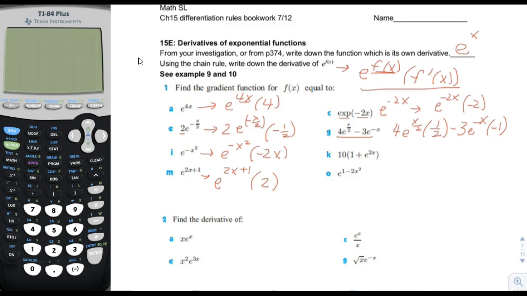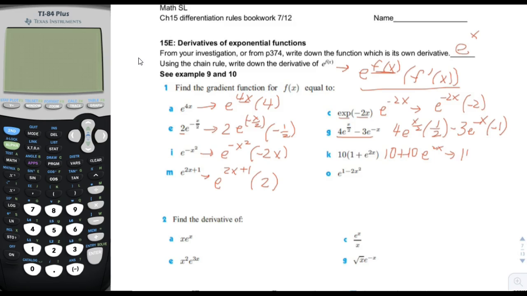So here we have 10 times the quantity 1 plus e to the 2x in parentheses. I think the easiest way to do this is multiply it out. So we have 10 plus 10 times e to the 2x. If we take the derivative of this, the derivative of 10 is 0.